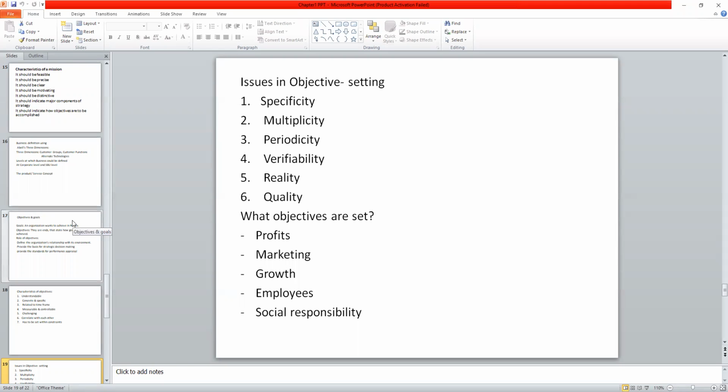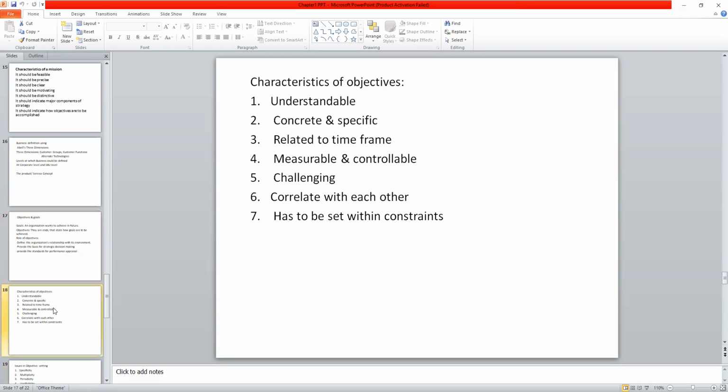If the company thinks of good packaging based upon sustainability, because today environmental concerns are on the rise, and if the company wants to portray this aspect of social responsibility, it would include it in the objectives. Then how exactly these objectives would be met by the company has to be specified.